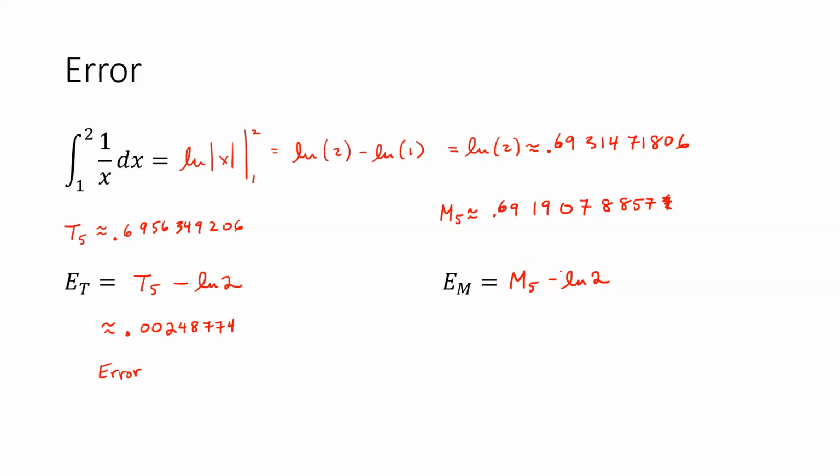In this case, I get something around negative 0.0012392949. Even though this one was negative, notice that that's really just telling us that it was an under approximation. It was underneath the actual value.